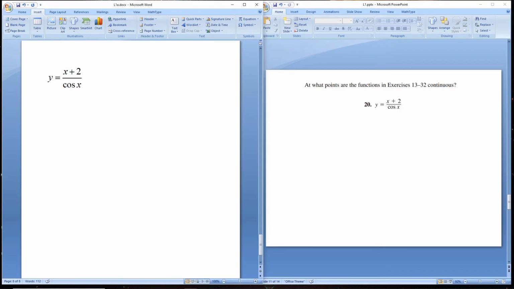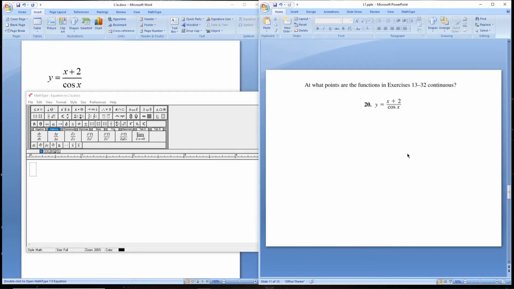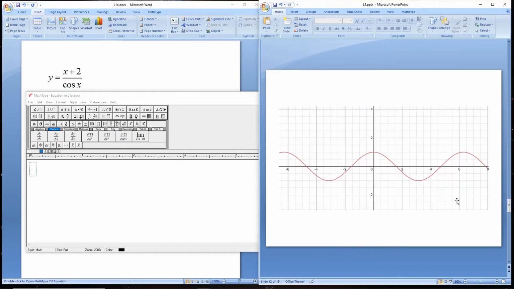So the cosine function, when is the cosine function 0? So if I pull up a graph here of cosine, it starts at the top, goes and ends at the top again, so that's one period.